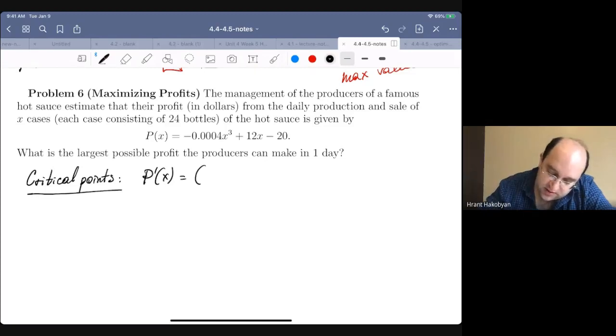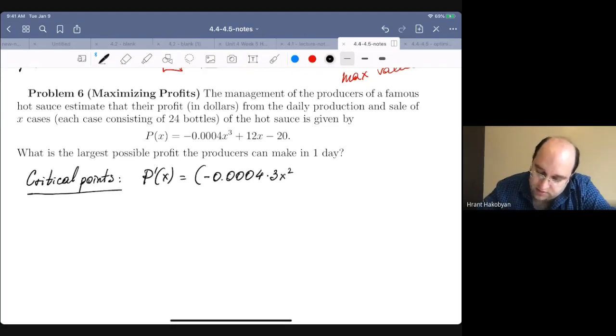In this case, it's going to be negative 0.0004 times, the derivative of x to the power 3 is 3x squared, plus 12. The derivative of x is 1, so I can write 1 minus 0. So it's just negative 0.0004 times 3x squared, or I can write it like this, negative 0.0012 x squared plus 12.